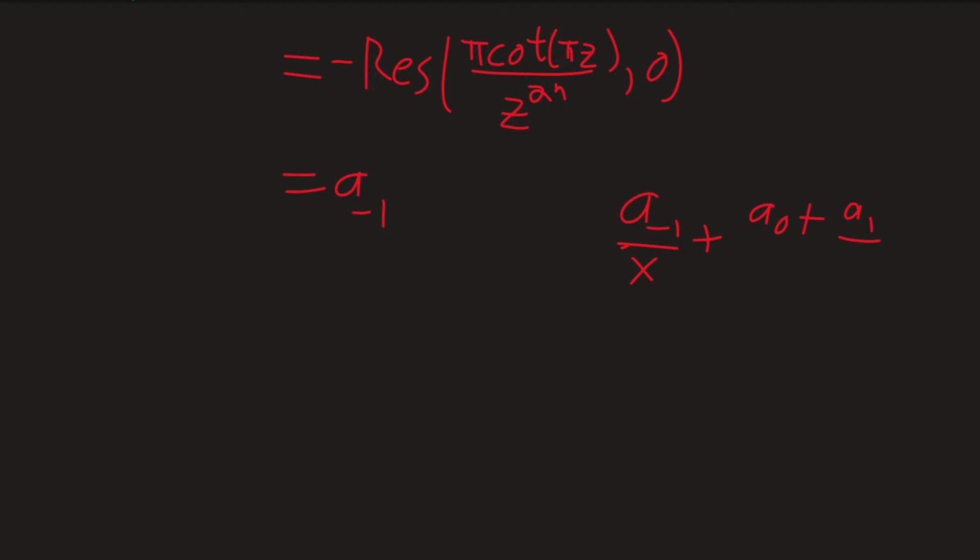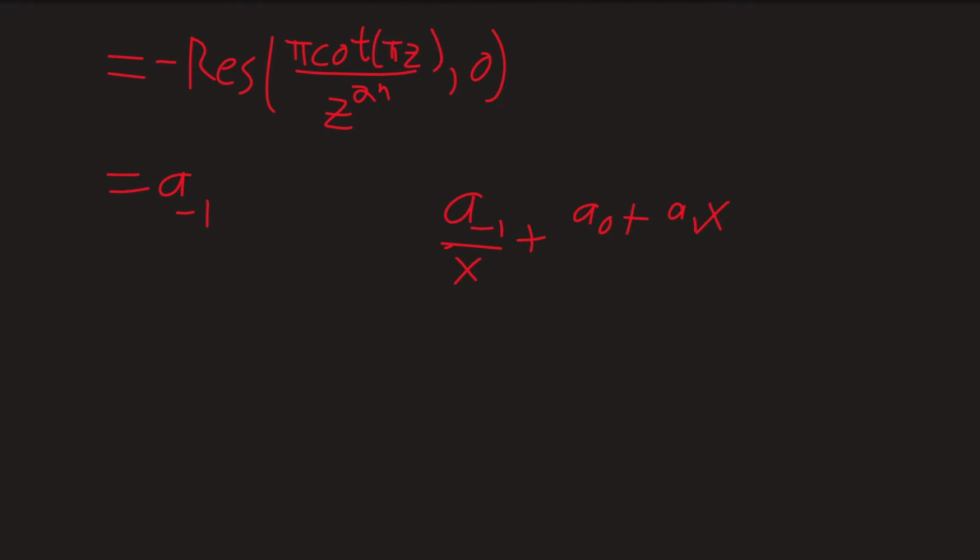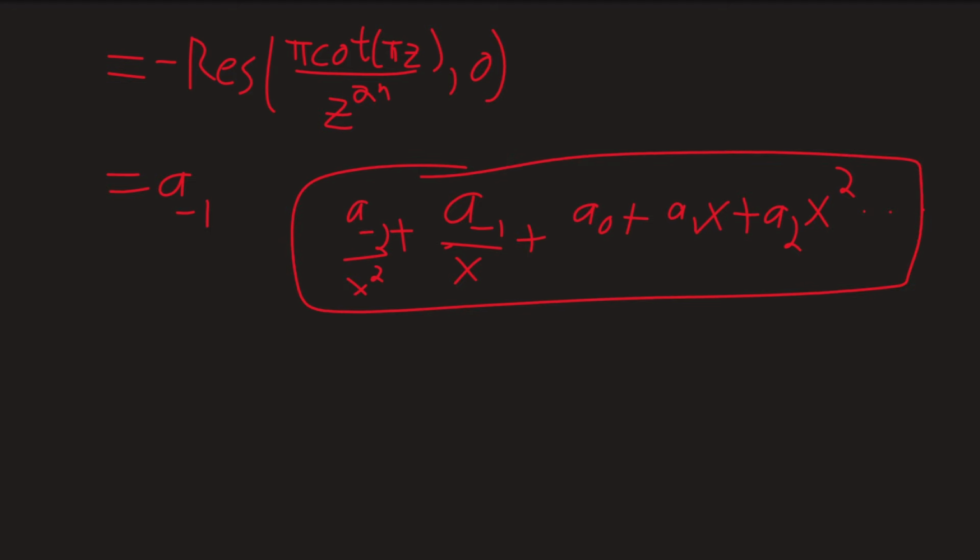Plus a0, plus a1 x, plus a2 x squared, and all these x's are going to actually be x minus wherever your point is around. But since our point's around 0, I'm just omitting that. But essentially, this is what a Laurent series is, and you just keep going on here, and then a negative 2 over x squared. This is your Laurent series right here.